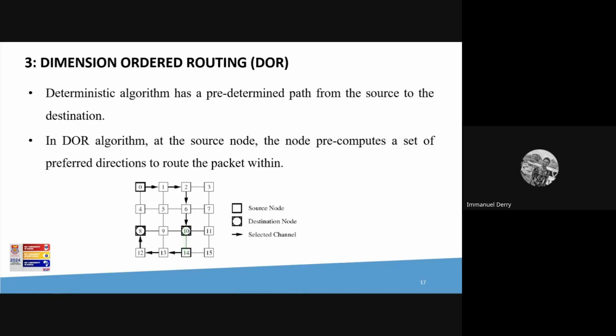Probably during the packet transmission, when it got here, the traffic from 10 to 9 was very high. So it has to recompute the direction and then move to 14 before it gets to 13, then the destination.